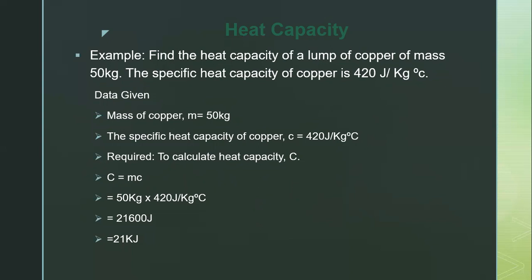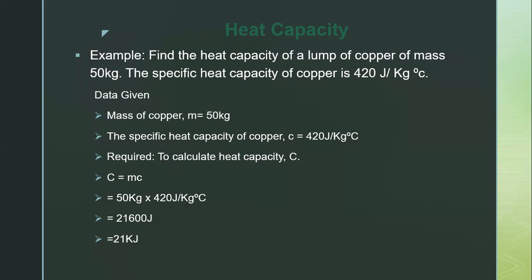Now, let's take the data given: mass of copper is equal to 50 kg, and the specific heat capacity of copper is 420. Now, we're required to calculate the heat capacity. From the equation, you simply say that C is equal to mc. We've already seen how we can get the heat capacity.